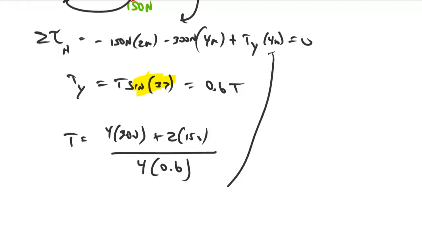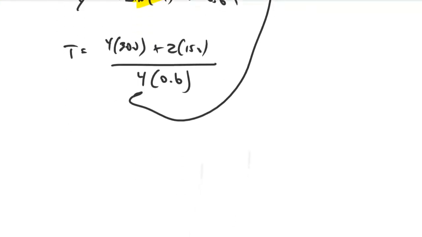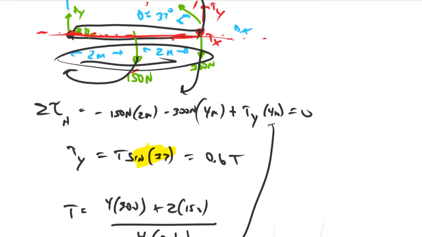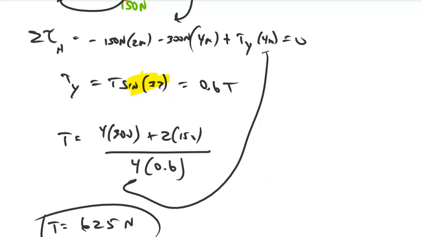The 4 came from there. So T is equal to 625 newtons. And so now we have the tension, right? We were able to find the tension just from the sum of torques about the hinge.